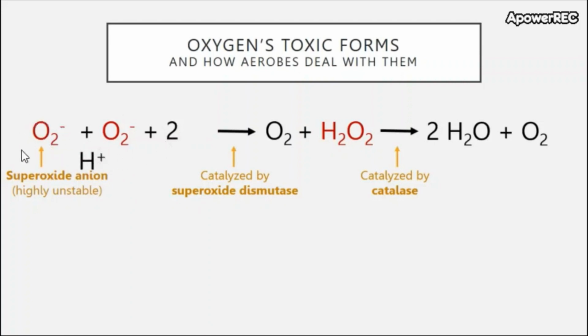So this is a superoxide anion plus another superoxide anion plus 2 hydrogens makes O2, or this is just the type of atmospheric oxygen we have, plus a hydrogen peroxide. But anyway, when we get down at this very end here, water is a neutral substance, and so is atmospheric oxygen.